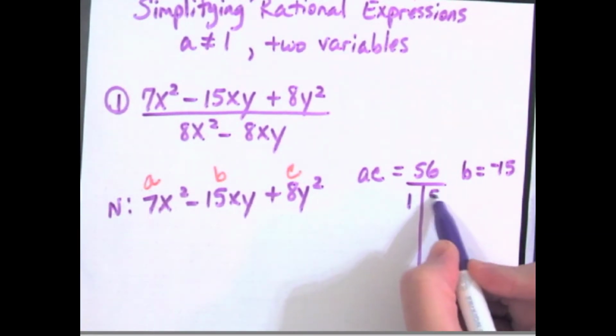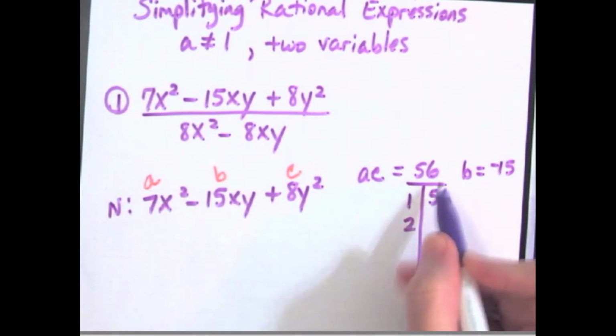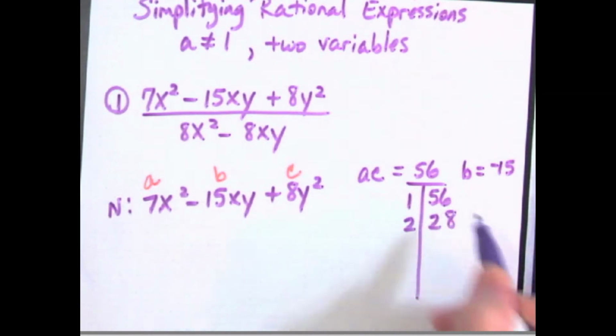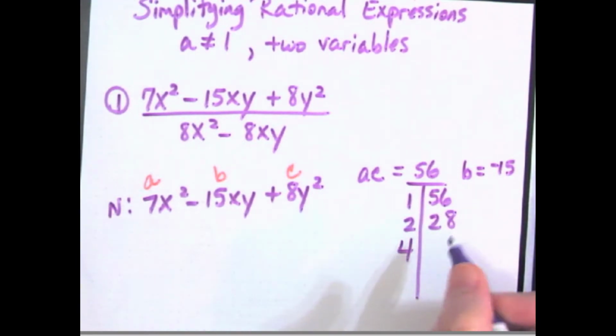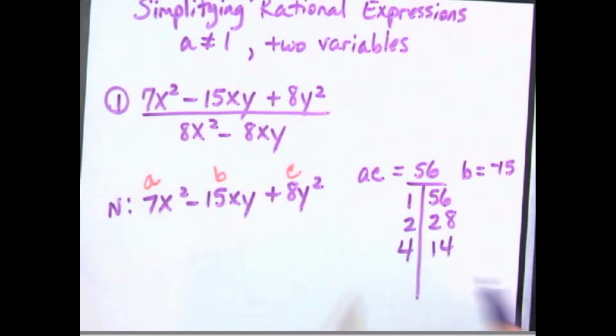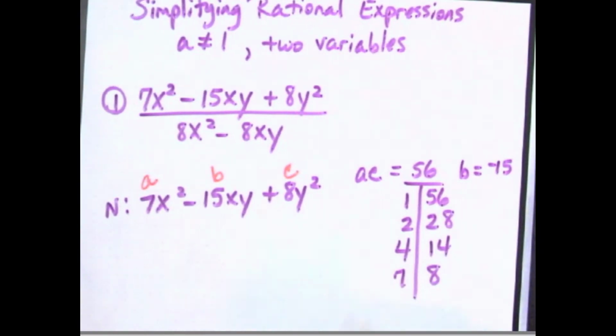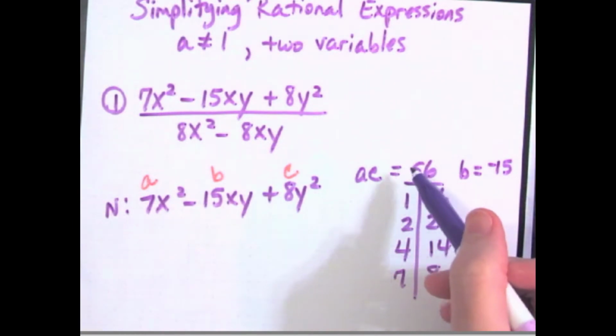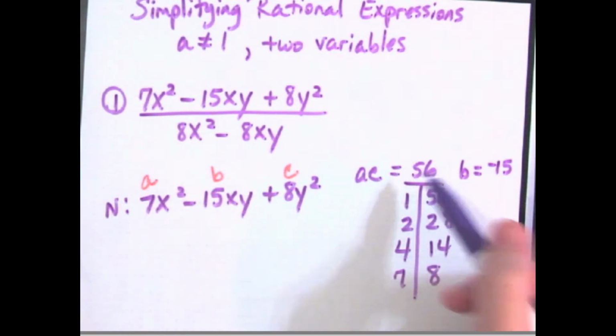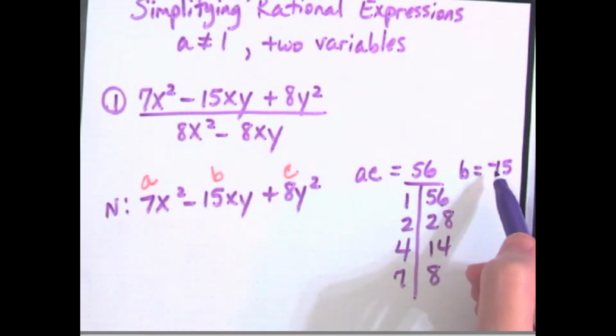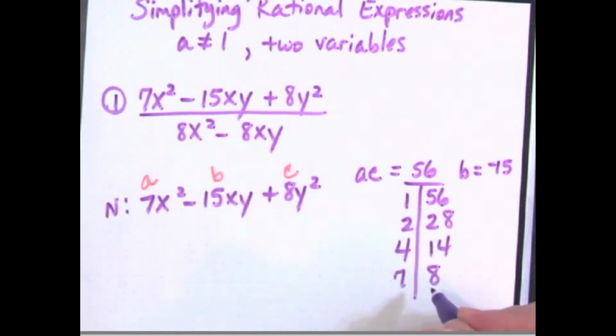So 1 times 56. 56 divided by 2 is 28. 3 doesn't go. 56 divided by 4 is 14. And 56 divided by 7 is 8. So our AC is positive, so we are looking for same sign. And since we're trying to get a negative 15, they're both going to need to be negative.